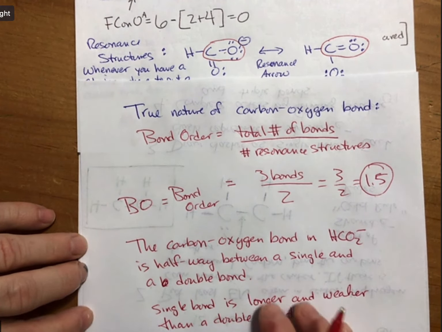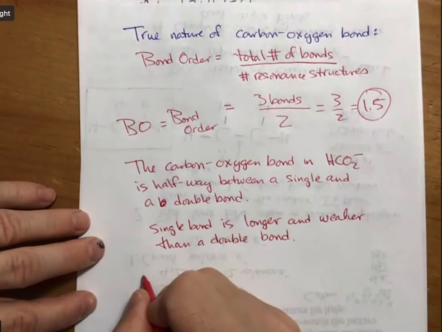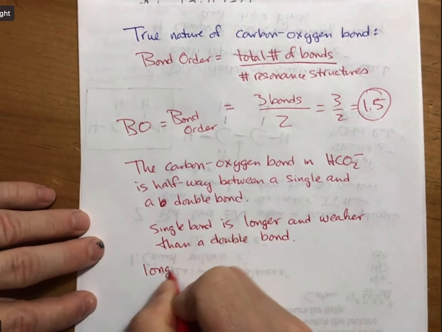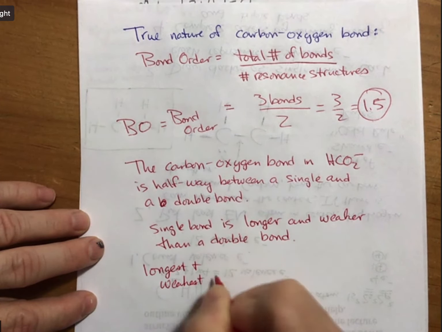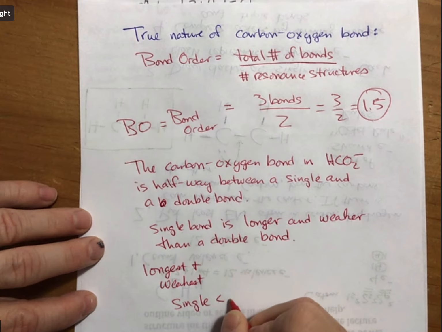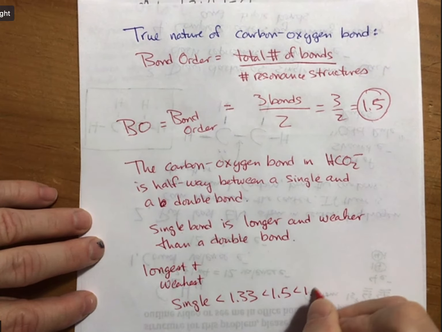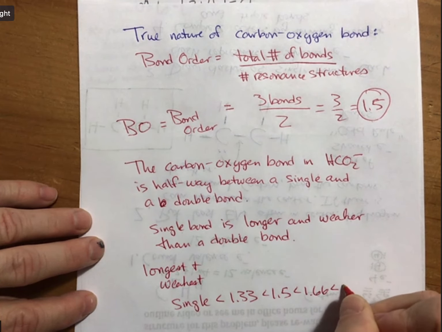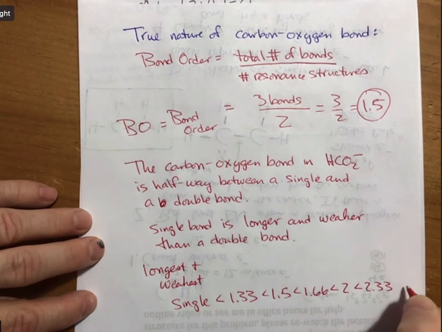So if we were going to say, okay, the longest and weakest would be single. Then you'll see a 1.33, a 1.5, a 1.66, a 2, a 2.33.